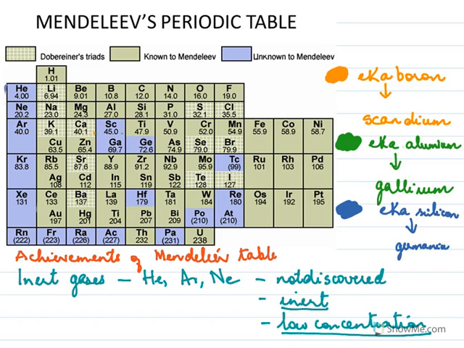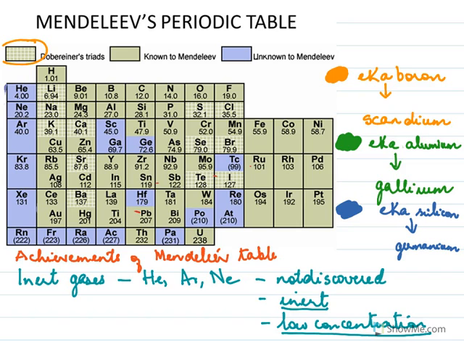And germanium fitted exactly the properties of silicon. And in this manner, he left many other gaps also. All these gaps that were left, the properties could be predicted and they fitted into his table very well.